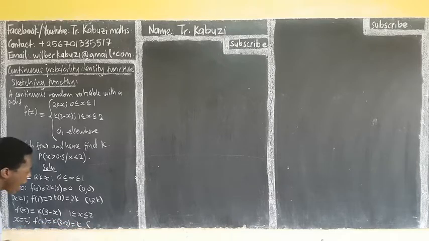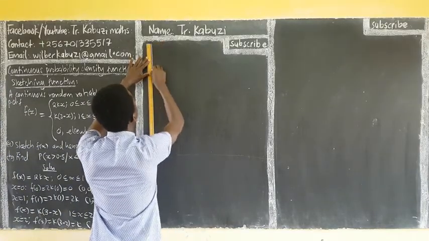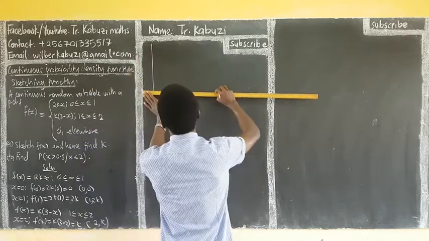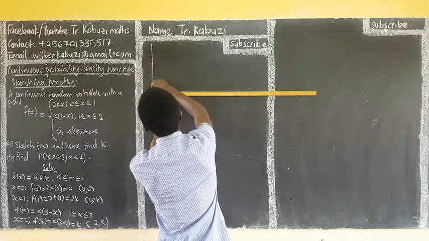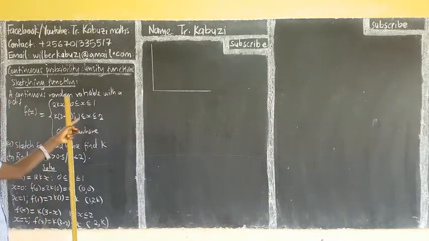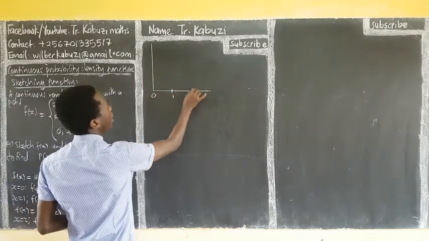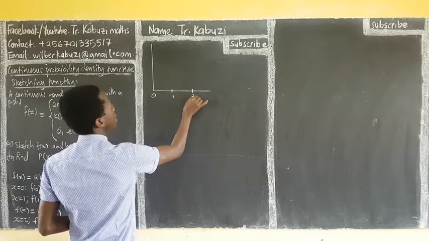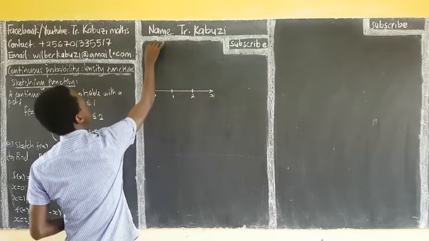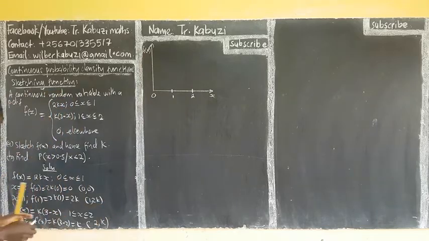So here I have 2, k. Then you get your ruler and draw the sketch. It's just a sketch, you don't take a lot of time on it. So now you see I have 0, 1, 2. This is my 0, here my 1, and this my 2. This is x, and I'm sketching f of x against x.